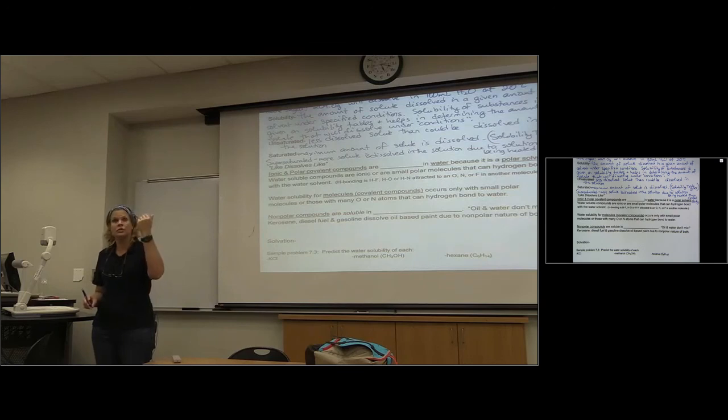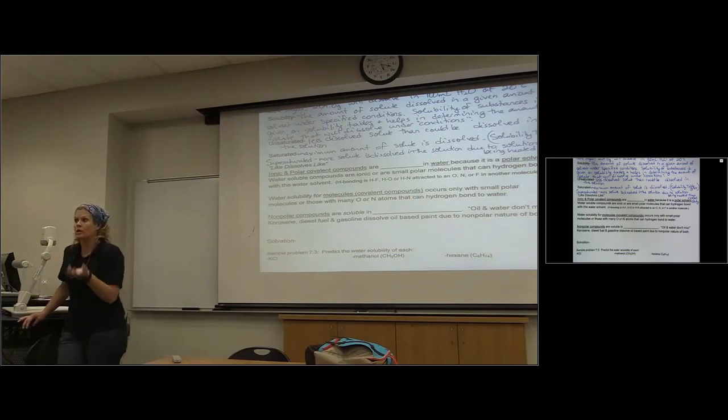London dispersion forces, dipole-dipole, and hydrogen bonding. And when I talked about those, I told you we're going to talk more about them later, but I said all molecular compounds have London dispersion forces. If you have a great difference in electronegativity, meaning you've got a polar bond, you have dipole-dipole.